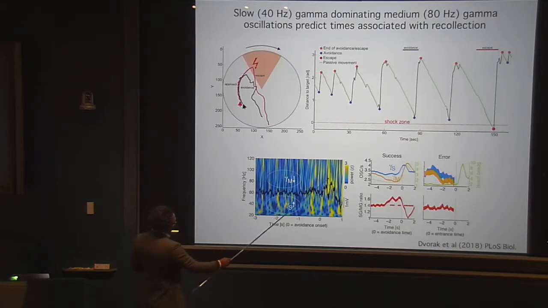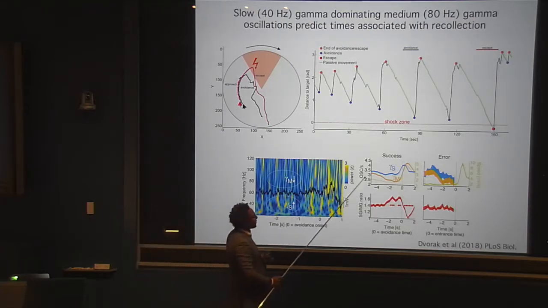You can see a lot of it after the animal runs away. And there's a lot more of this slow gamma activity, this slow oscillatory activity here in the 30, 40 hertz range for a couple of seconds before.